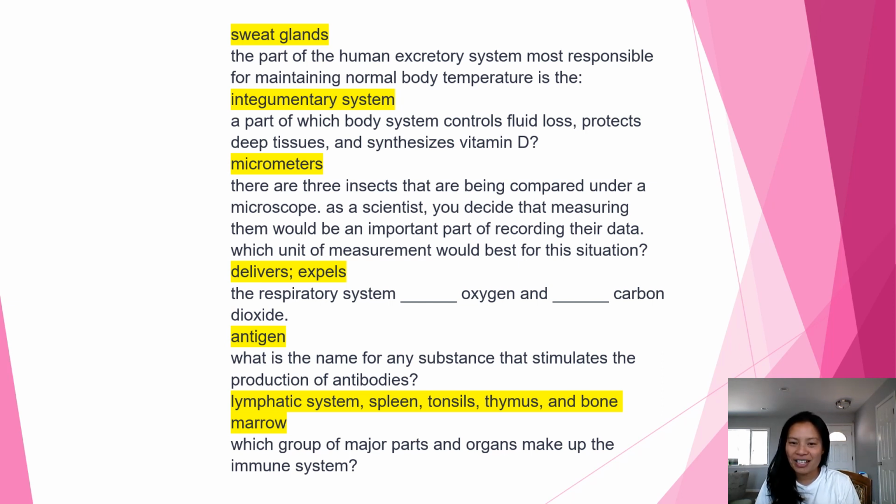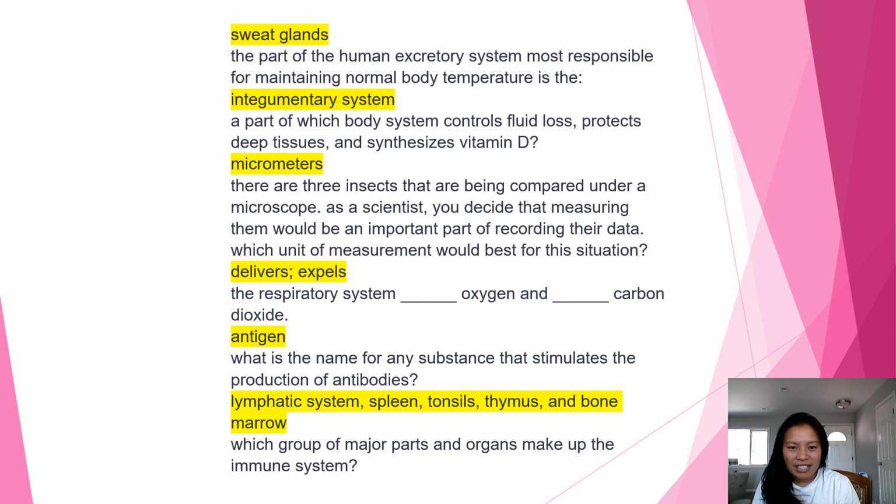So just remember that maintaining normal body temperature, you just think about sweat glands. Okay. A part of which body system controls fluid loss, protects deep tissues, and synthesizes vitamin D? It's the integumentary system. So we get vitamin D from the sun, right? So think of it as the integumentary system or the skin.